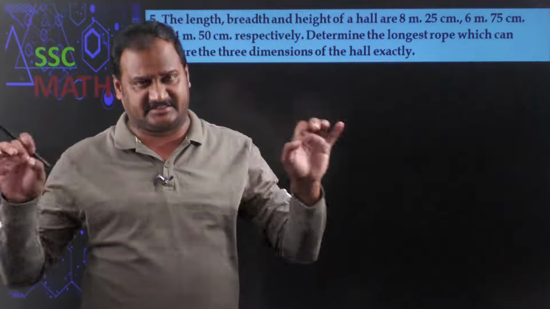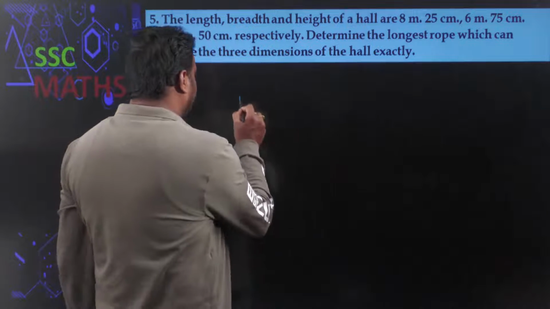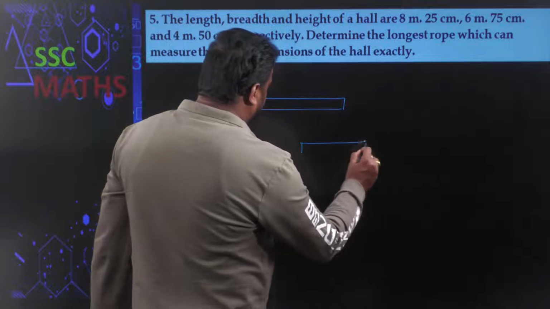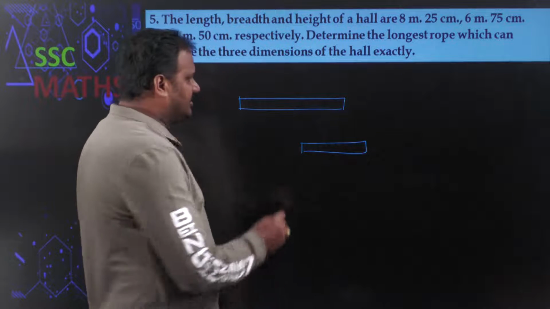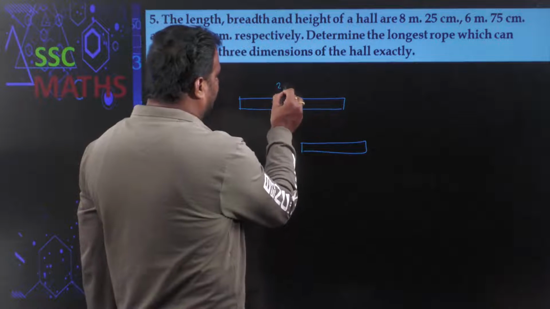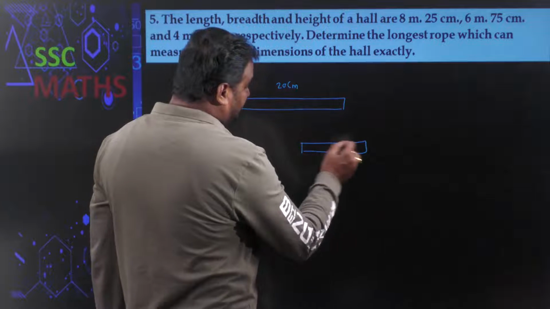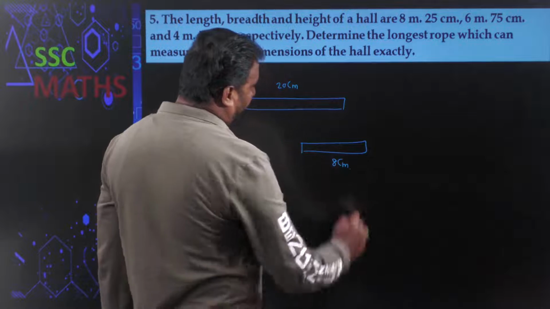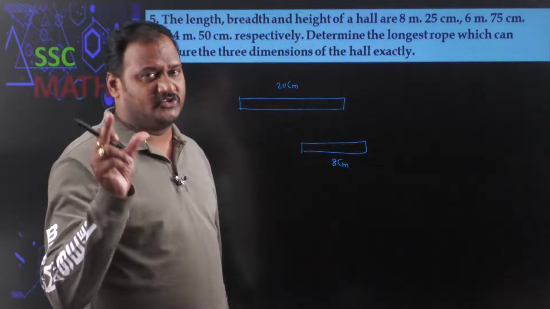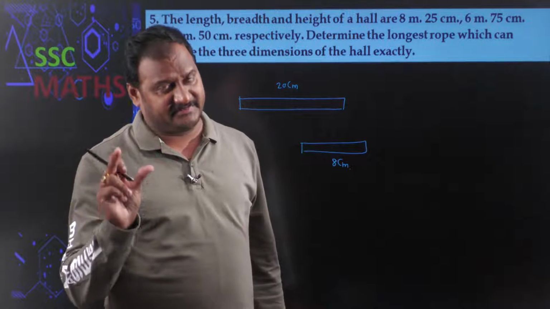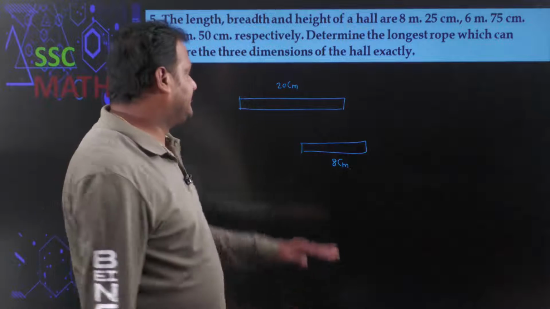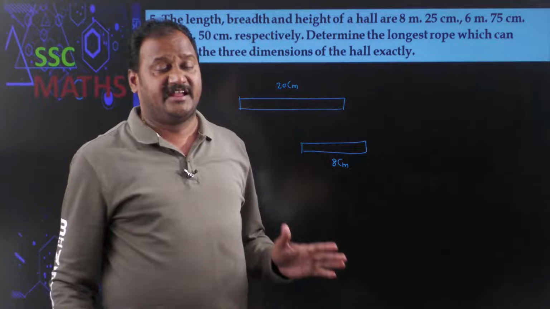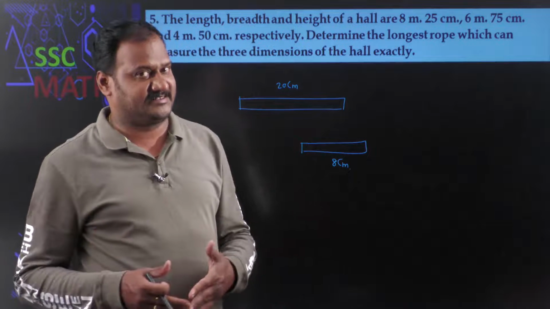Otherwise, for example, you have a stick. This is one stick, and this is one more stick. These are two sticks. The length of this stick is some 20 centimeters, and the length of this stick is some 8 centimeters. Now I will have to cut this 20 centimeter stick as well as the 8 centimeter stick into exact measurements.